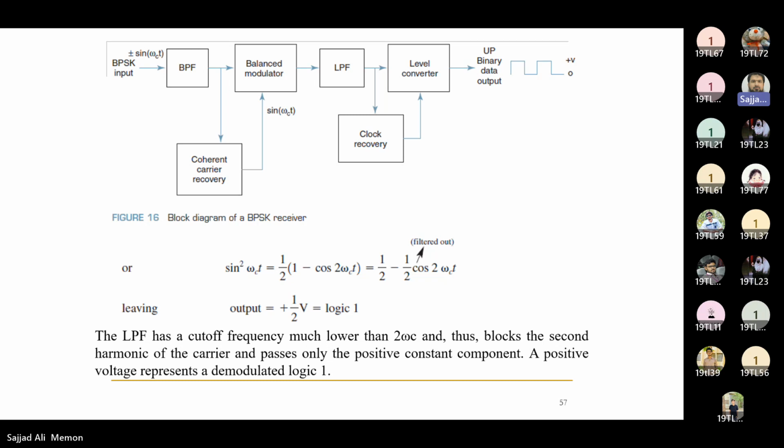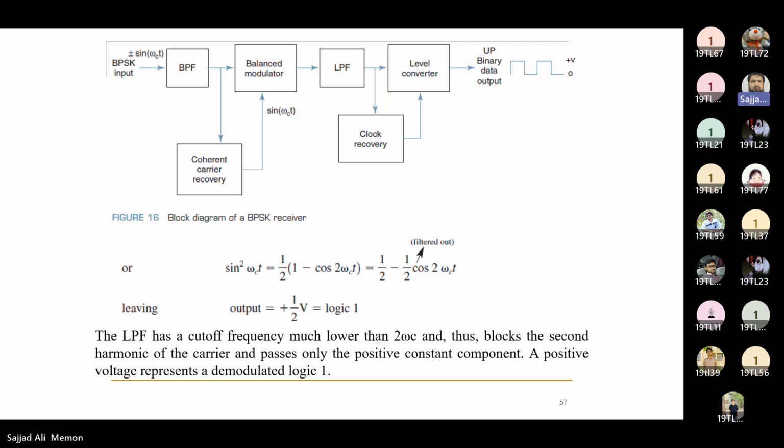So that operation is something like this: sine square omega ct when passed through the low pass filter. Sine square omega ct can be written as 1/2 (1 minus cos 2 omega ct). This twice omega ct frequency cannot pass through the low pass filter, so it will be filtered out.